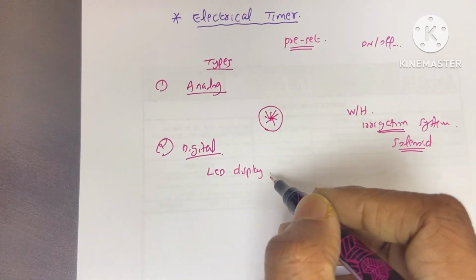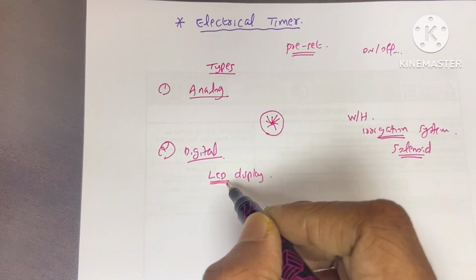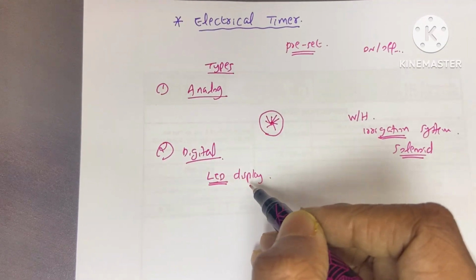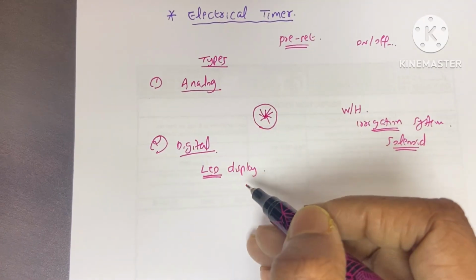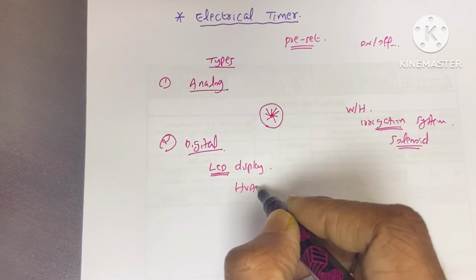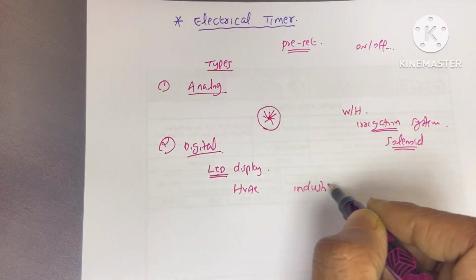Also, because we have an LCD display, it has higher flexibility. We can use it in a very efficient way by seeing the display, and we can use it in HVAC systems and also in industrial control systems like that.